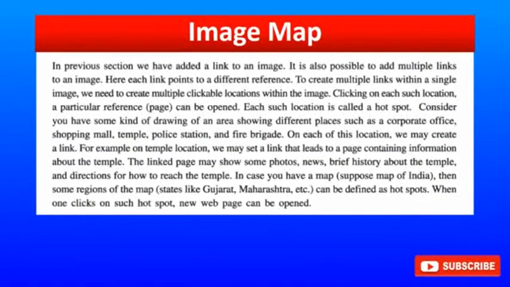So now we are going to learn something more interesting. The first thing we learned in this video was to create image as a hotspot, right? Now further we are going to learn how to create multiple links on a single image. That is, here each link points to a different reference.